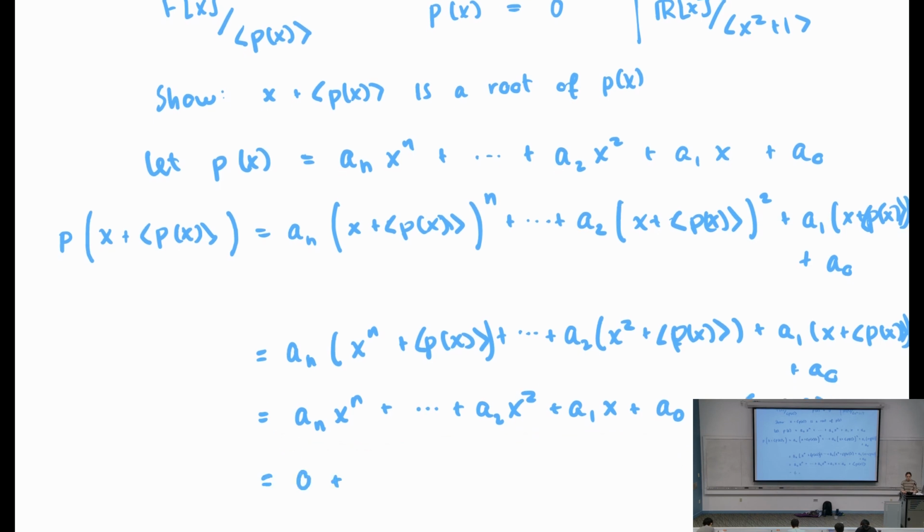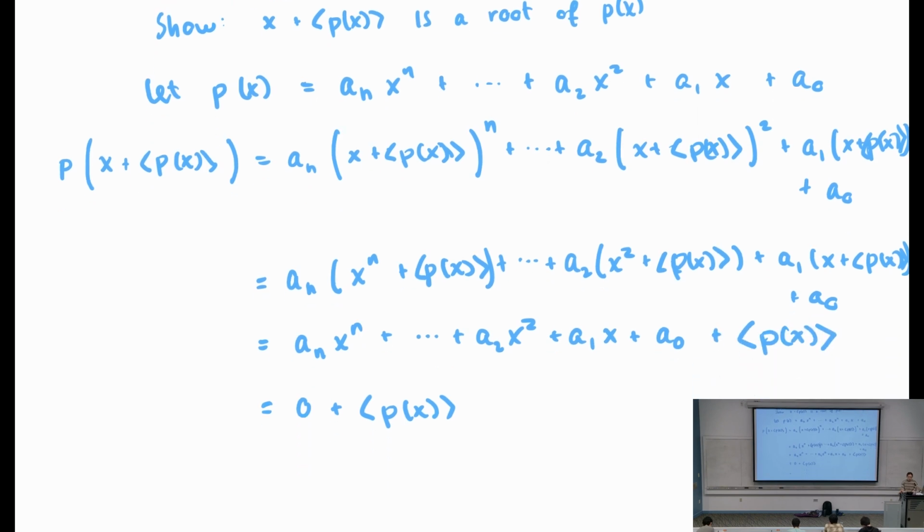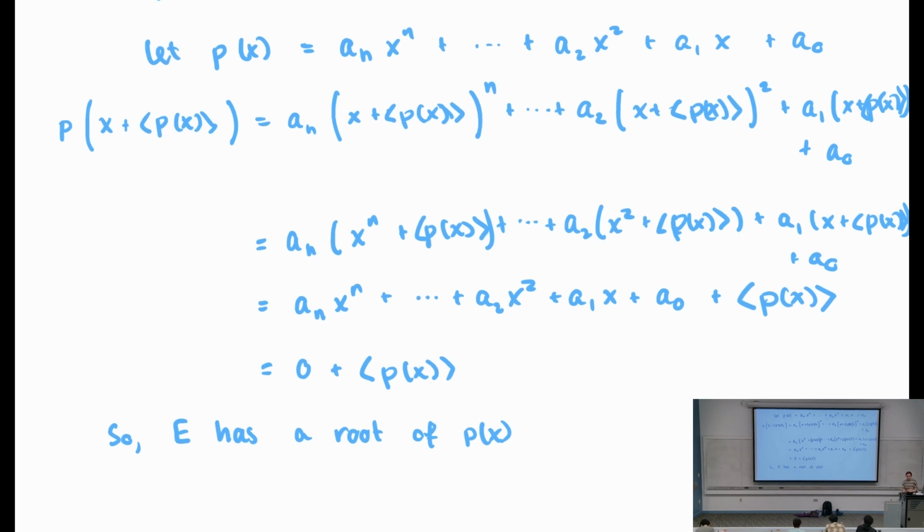So we have the 0 element in E. So E has a root of px. So then it also has a root of our original polynomial f, because p was just a factor of f. So that completes the proof.